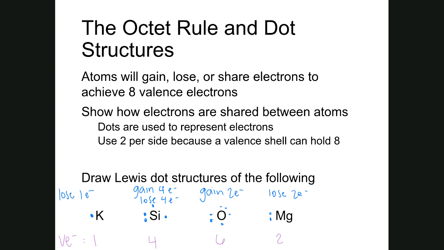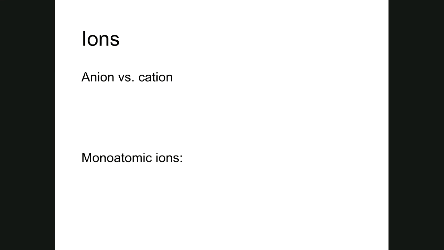So now that we understand a little bit about how many electrons are involved in bonding or can be involved in bonding based on the valence electrons, we can actually start breaking this down into ions. And so there are 2 types of ions that we can generalize, and that's the anion. Anions are negative.